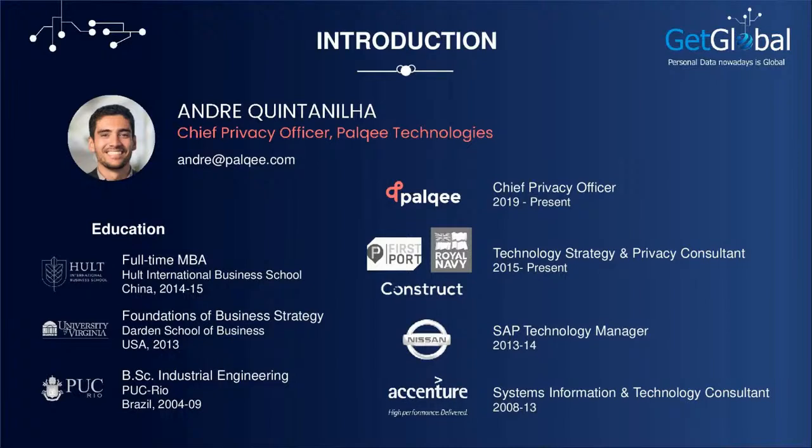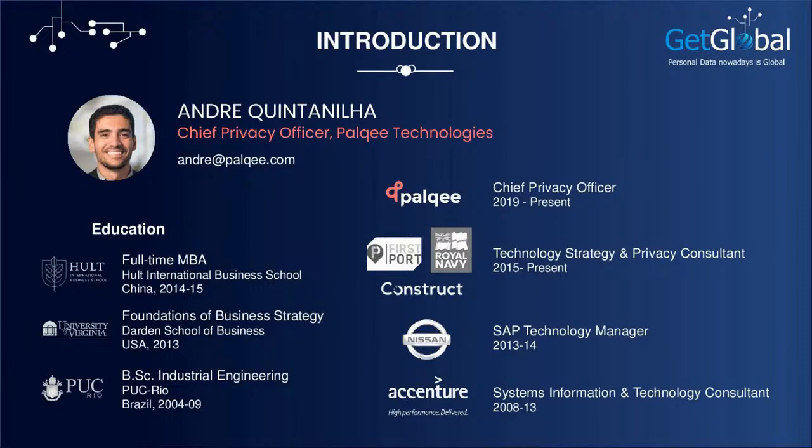A little bit of my education. I'm an engineer by education. I've also studied in the USA and in China. I started working for Accenture as a systems information and technology consultant, deploying SAP and Oracle solutions across different industries. After that, I moved into Nissan to help them develop their IT infrastructure for the first manufacturing plant in South America.